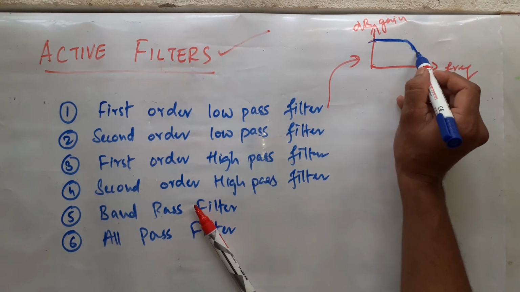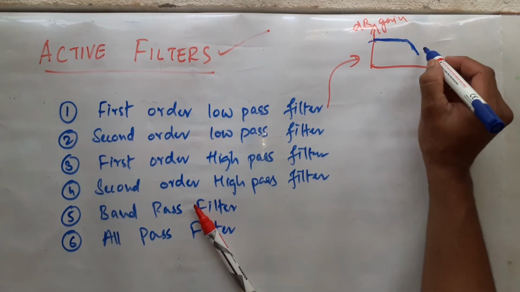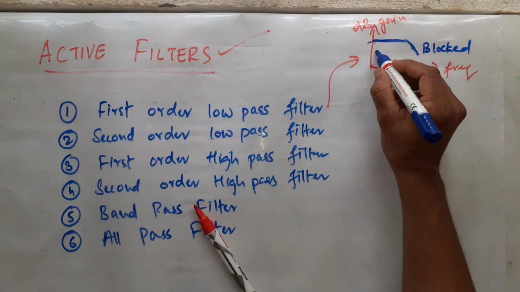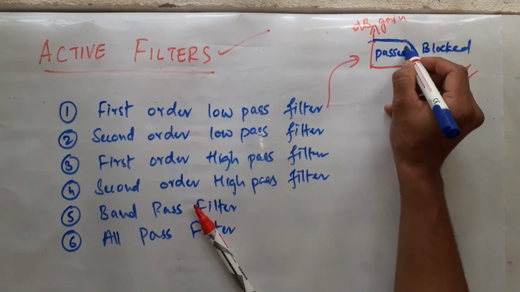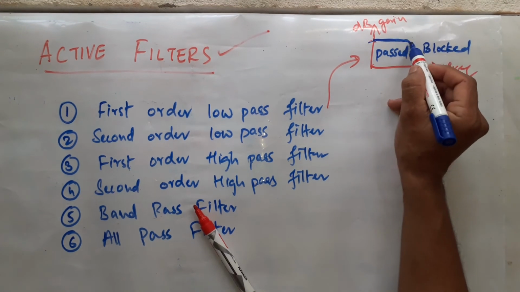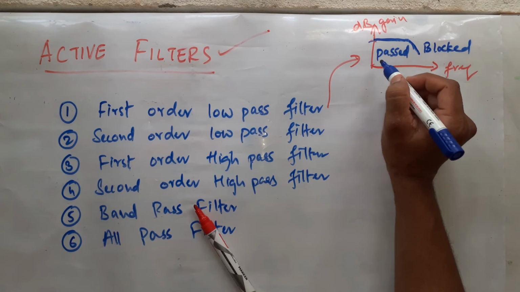If the gain starts falling down, that frequency component will not be passed, it will be blocked. So this portion we call blocked, and this is passed. After the fall of this gain, that portion is blocked. So we call this a low pass filter.